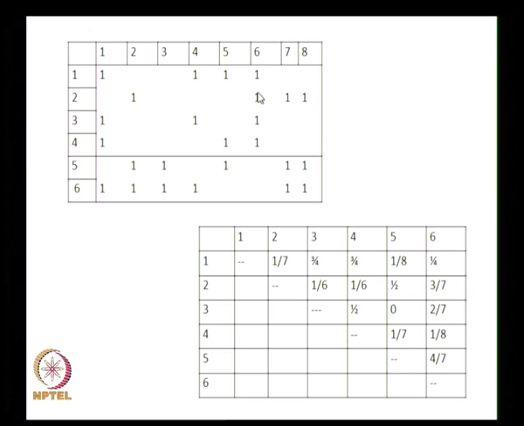If we see these 2 rows carefully, there is only one common component visiting, which is component number 6, which also means there is only one 1, 1 pair. All other pairs are either 1, 0 pairs or 0, 1 pairs or 0, 0 pairs. If we take these 2 rows, for this component it is a 1, 0 pair, for this it is a 0, 1 pair, for this it is a 0, 0 pair and for this it is a 1, 1 pair.